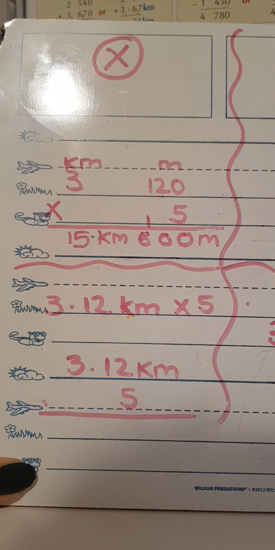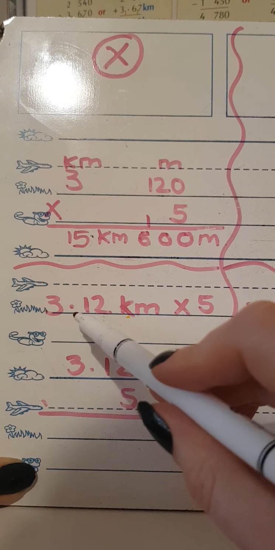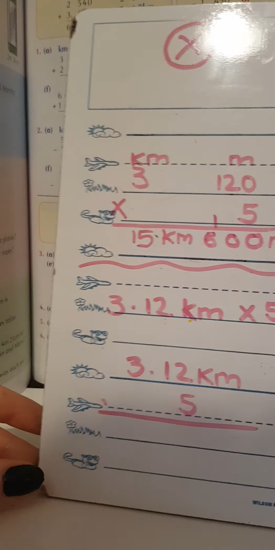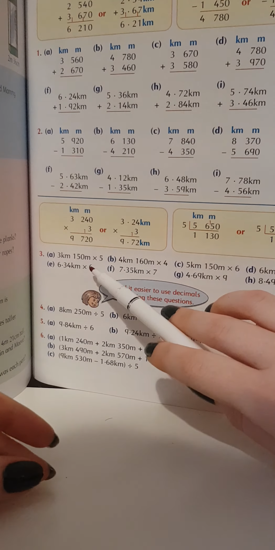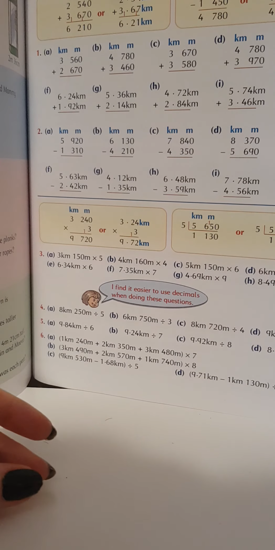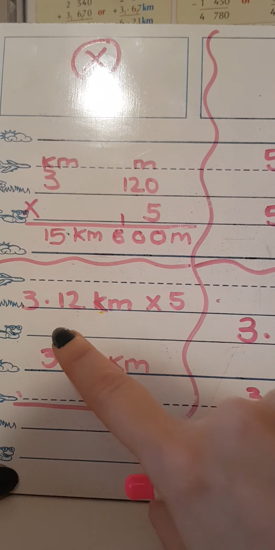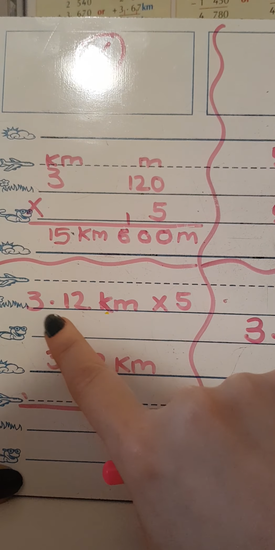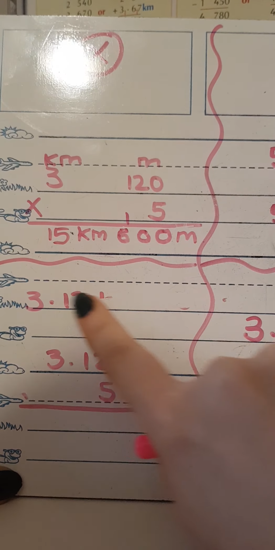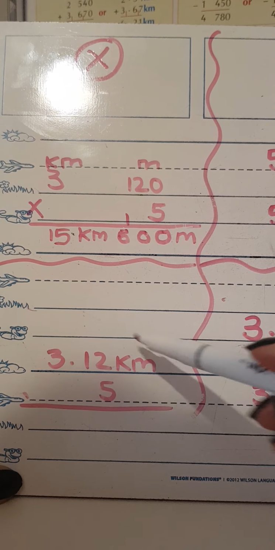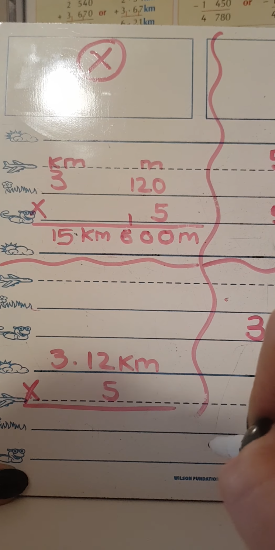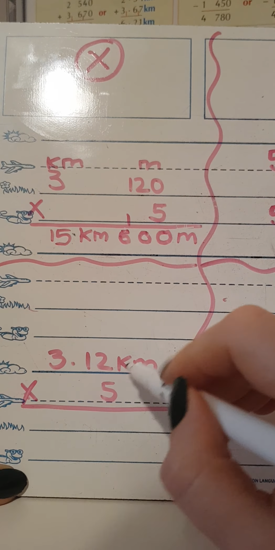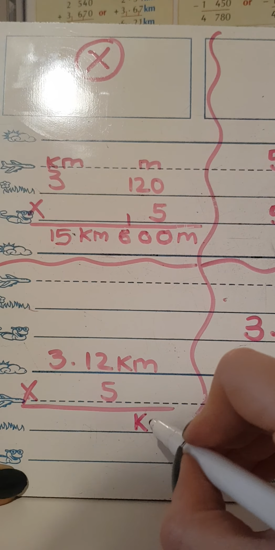And then I did the same sum down here with the decimal point version. So it is similar to this one, for example. This was the sentence that it asked me, 3.12 kilometers multiplied by 5. I write it out like this, put in my multiplication sum, and I'm going to put kilometers at the end.